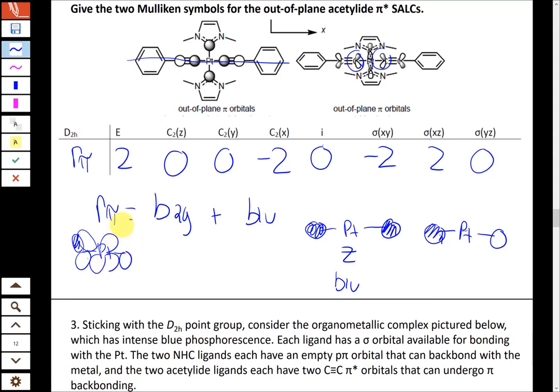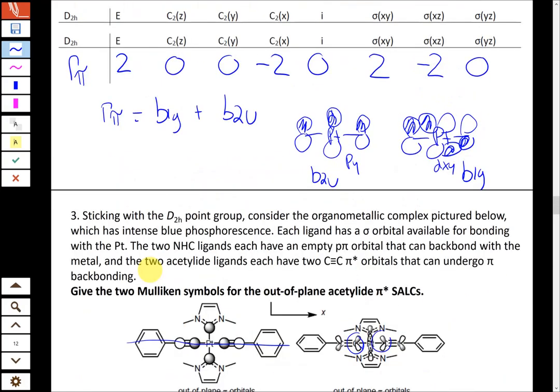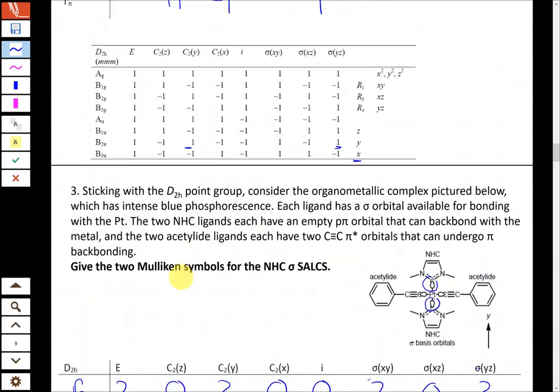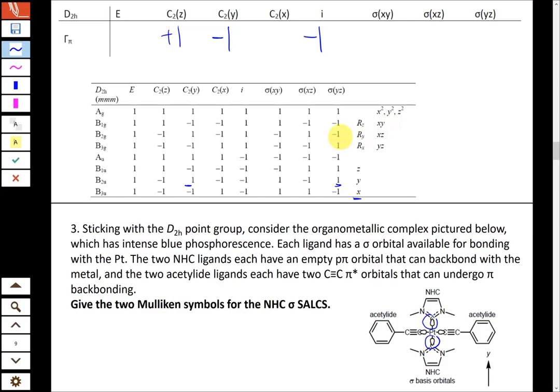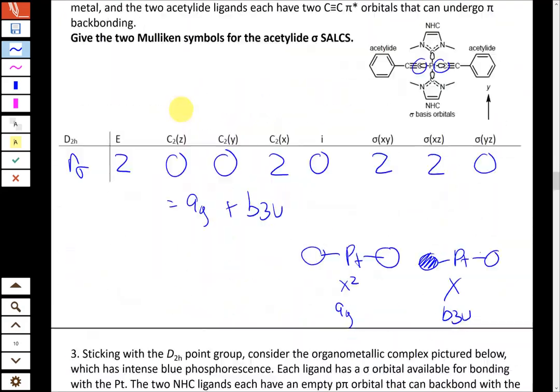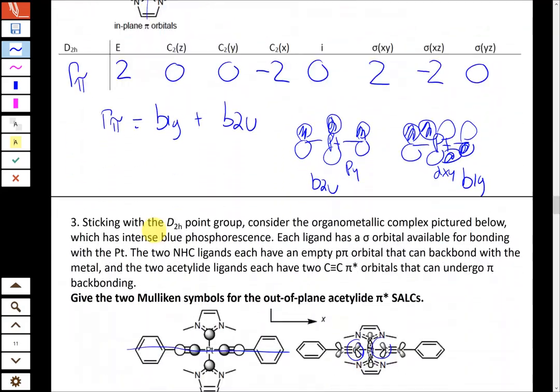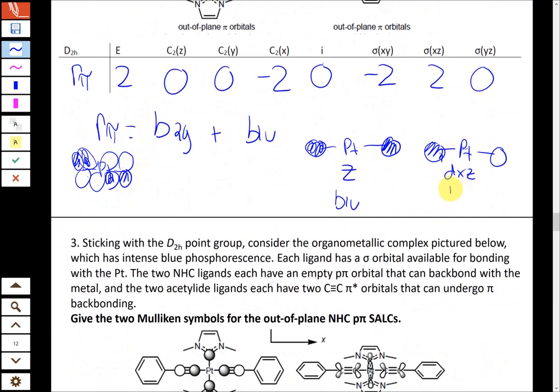This one is symmetry matched with dxz, and the dxz orbital is B2G, which is the other one that we got. So again, whichever of these approaches you're more comfortable with should work: either symmetry matching to basis orbitals or finding the representation and reducing it.